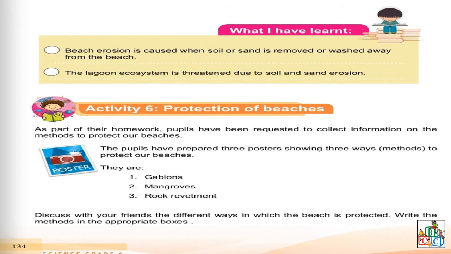Write the methods in the appropriate boxes. So for today we are going to see about gabions, mangroves, and rock revetment, how these 3 methods are going to protect our beaches. Let us see each one of them now.